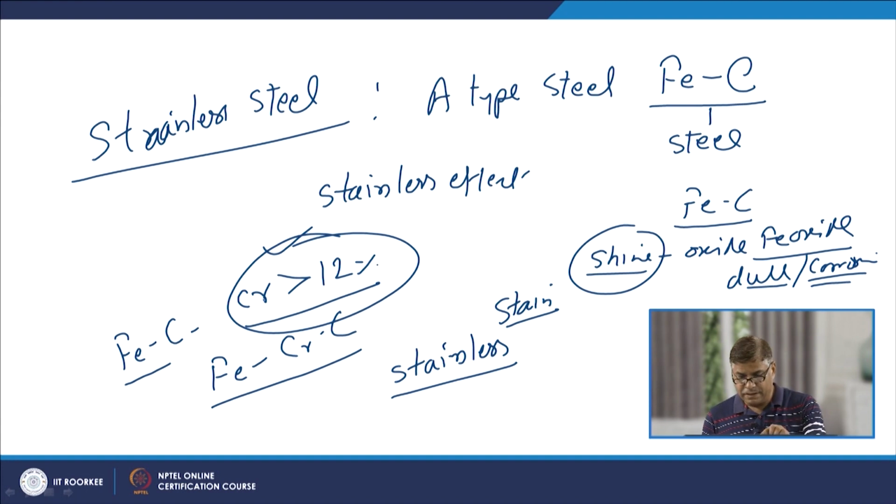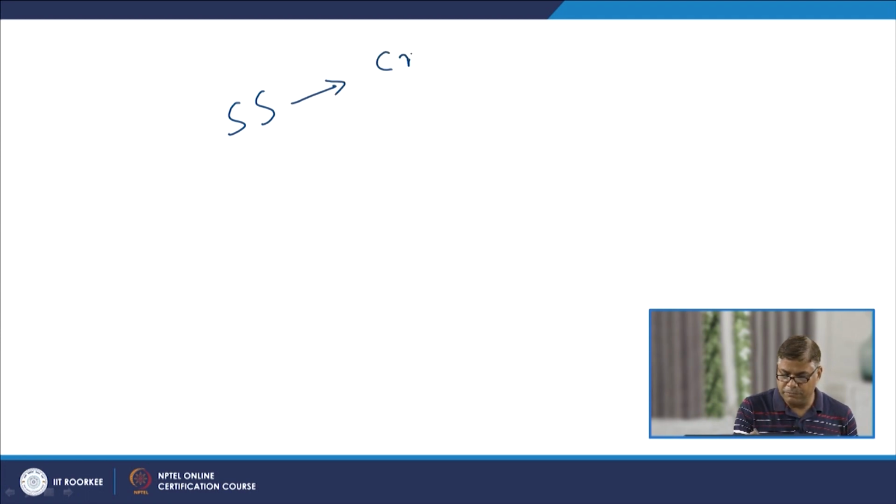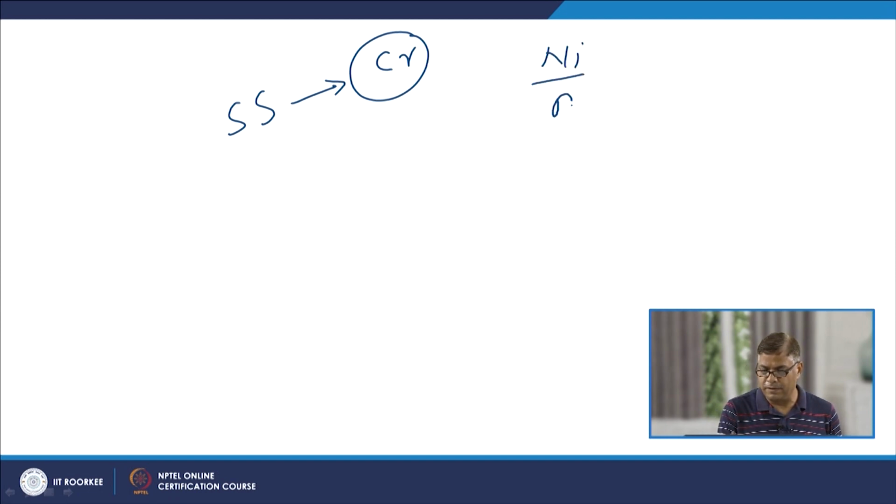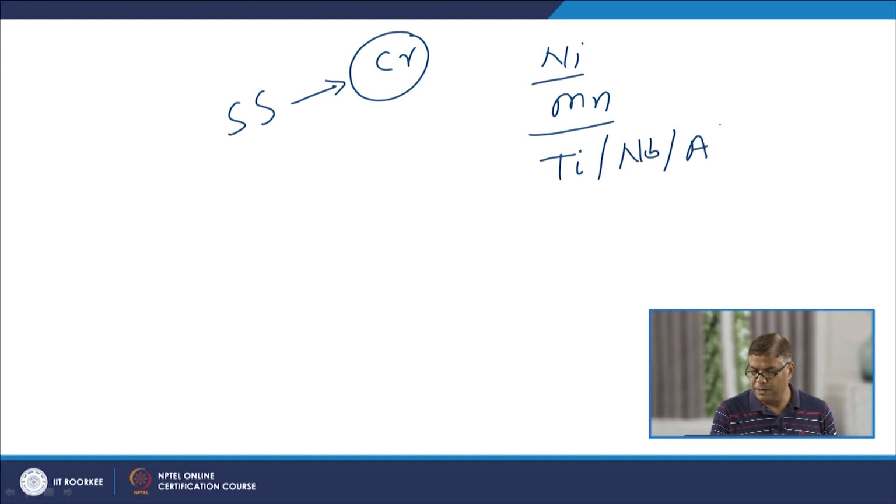The stainless steels, apart from chromium, can have other alloying elements, maybe in the form of nickel or manganese, or small concentrations of elements like niobium, titanium, or aluminum.